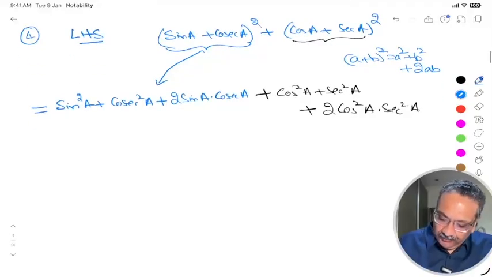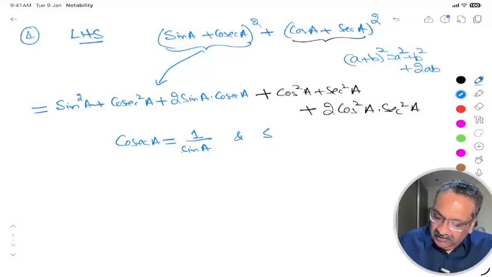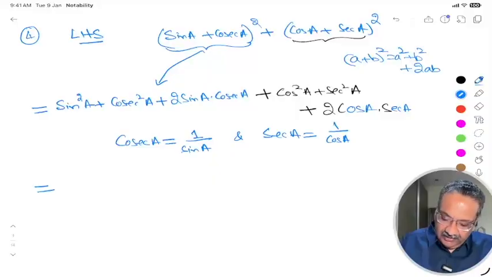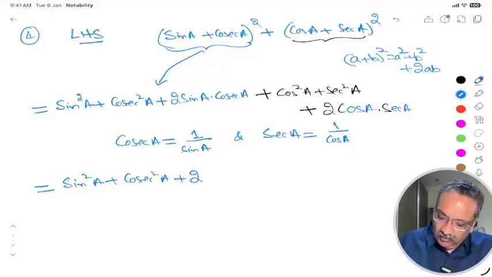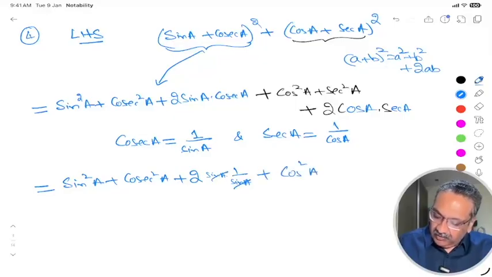Alright, now we know cosecant A is equal to 1 by sin A and secant A is equal to 1 by cos A. Alright, substituting this, we have sin square A plus cosecant square A plus 2 sin A into 1 by sin A, this gets cancelled, plus cos square A plus secant square A plus 2 cos A into 1 by cos A, this gets cancelled.